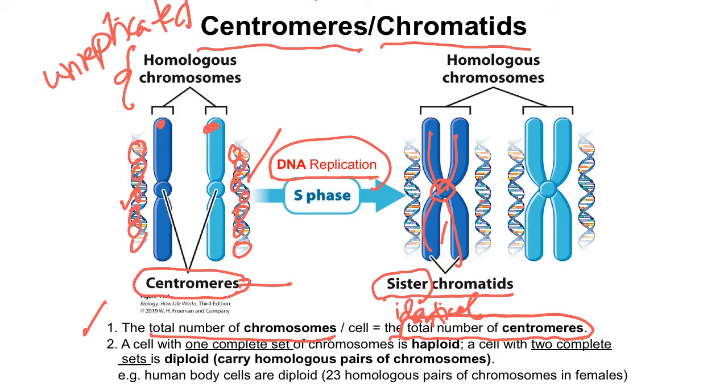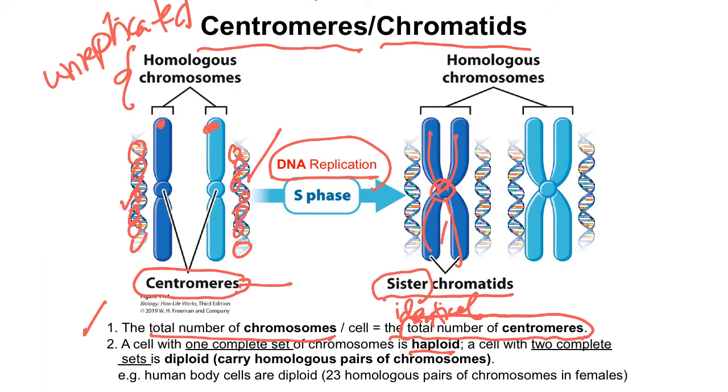And just to repeat myself again, it's nice to repeat concepts. A cell with one complete set of chromosomes is haploid, but a cell with two complete sets is diploid, which means that they carry homologous pairs of chromosomes, just as we saw in the previous slides. So the human body cells are diploid because they contain 23 homologous pairs of chromosomes in females.